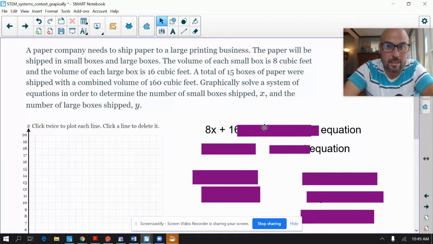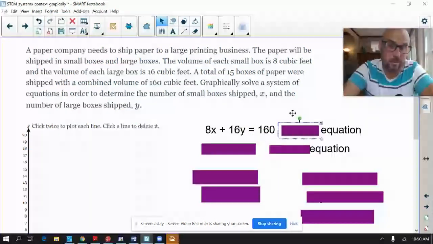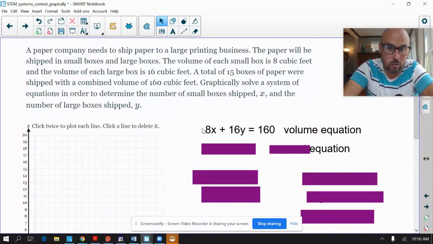And if I add that to 16Y, that will tell me all of the volume that the large boxes are bringing in. And adding that up should be the total volume, 160. So I call this the volume equation: the volume of the small boxes plus the volume of the large boxes is the total volume.